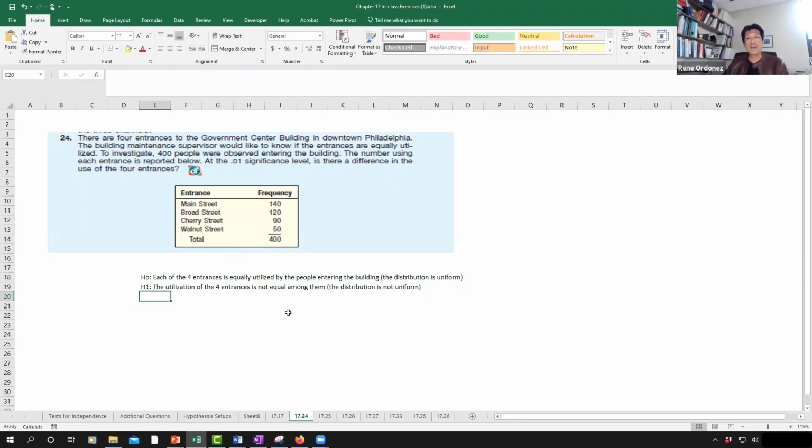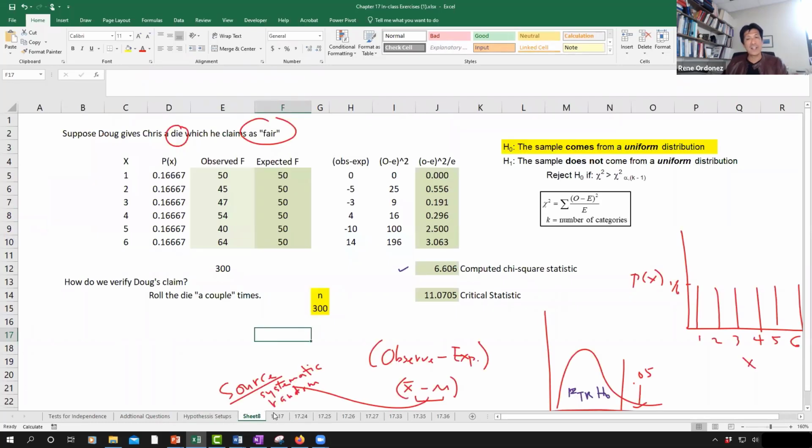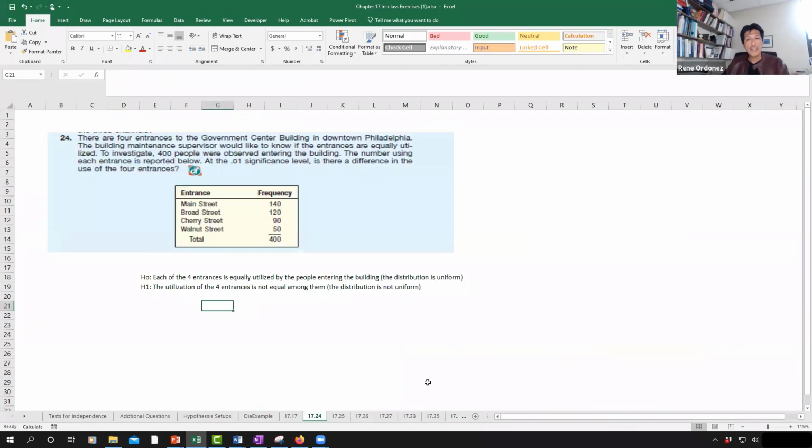So that's how we will set up a hypothesis. Now, for this problem, instead of solving it the way we did the die example, we're going to just use the template to do the calculation for both the computed statistic as well as the critical statistic. Okay, so this is an example of a goodness of fit test.